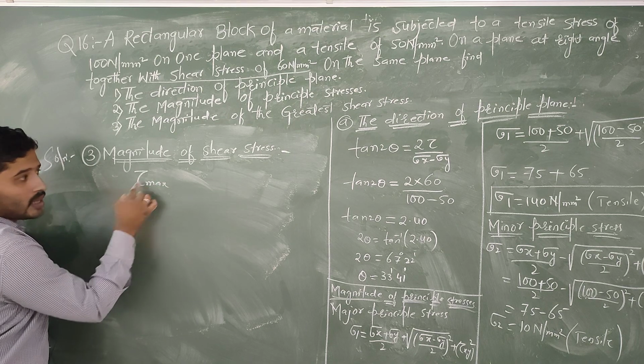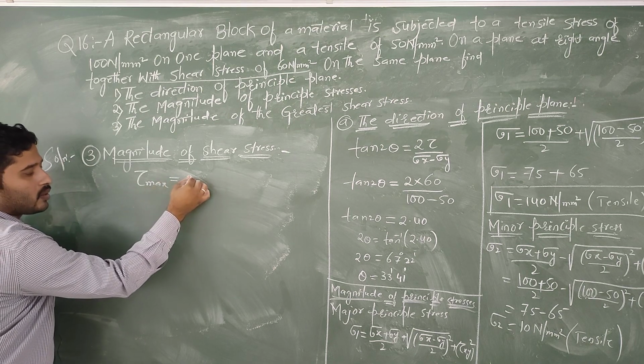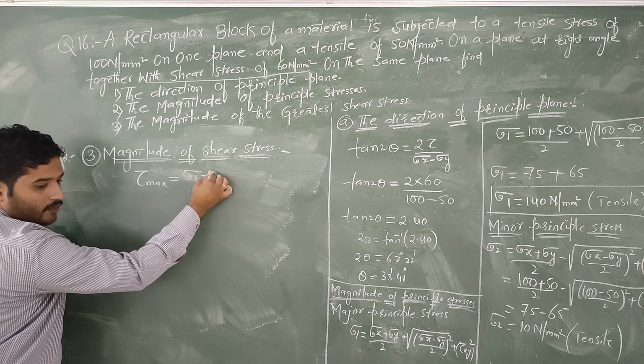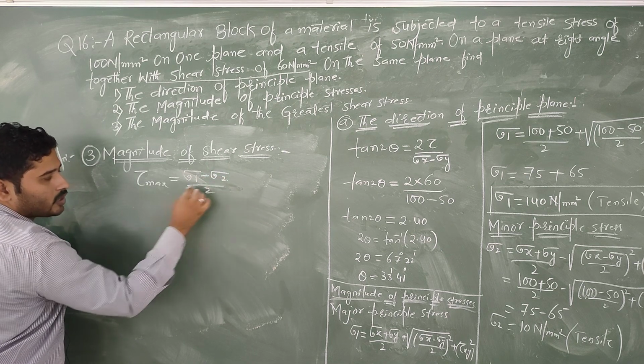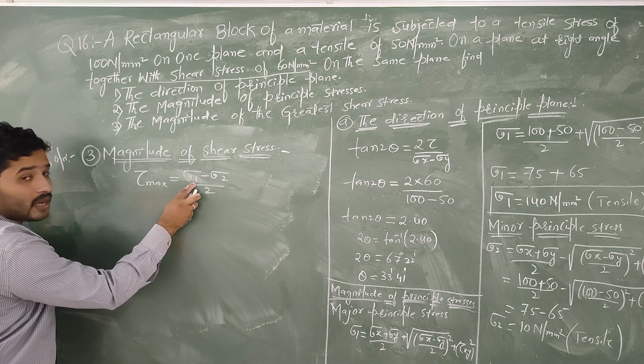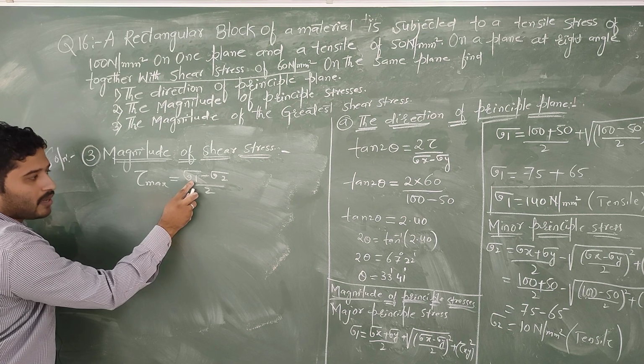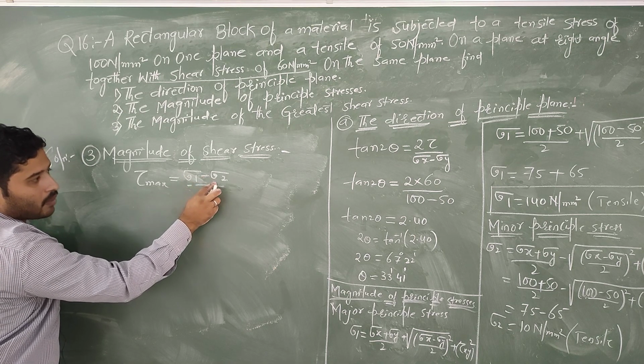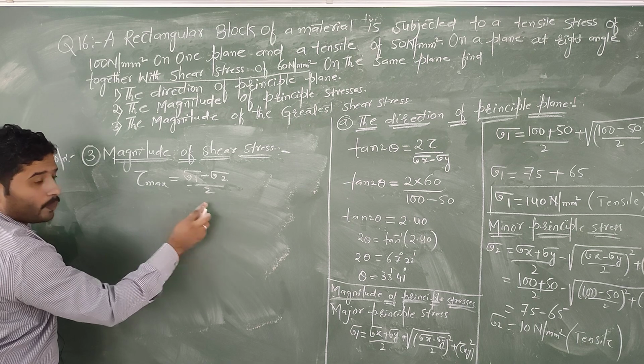Maximum shear stress equals (sigma 1 minus sigma 2) by 2, the maximum principal stress minus the minimum principal stress by 2.